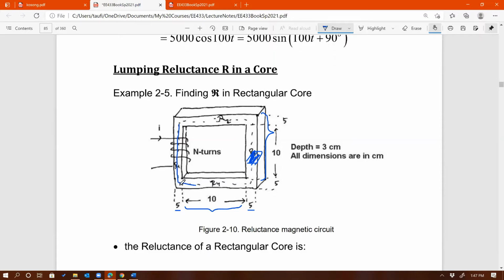So we want to take the middle point of 5. So that's 2.5 on each side, right? That's 2.5 on this side, half of the 5, and then another 2.5 on the right side, also half of the 5. So therefore, 10 plus 2.5 plus 2.5 gives you 15. Right, and you can see that that's the same all around the core.